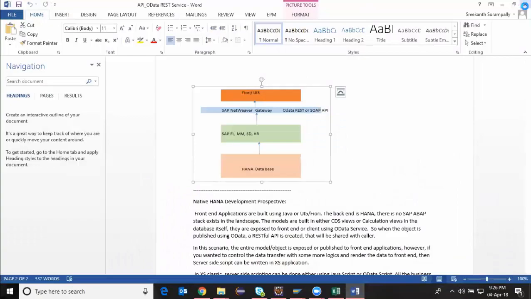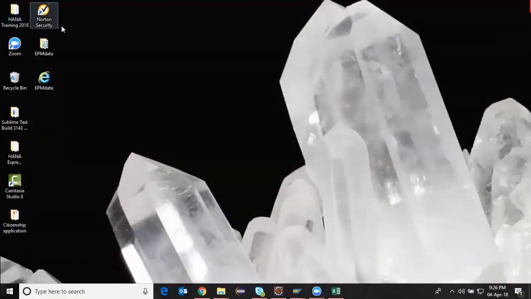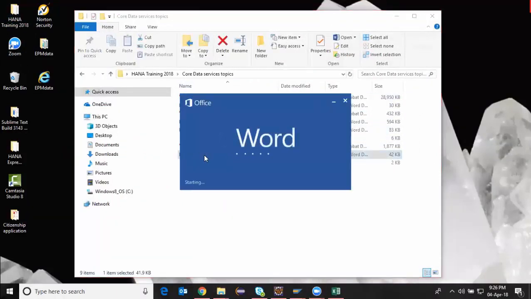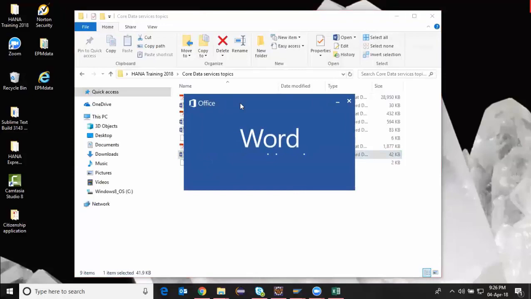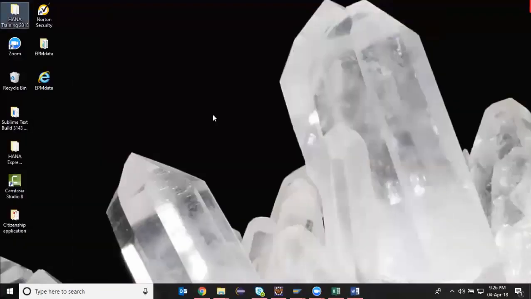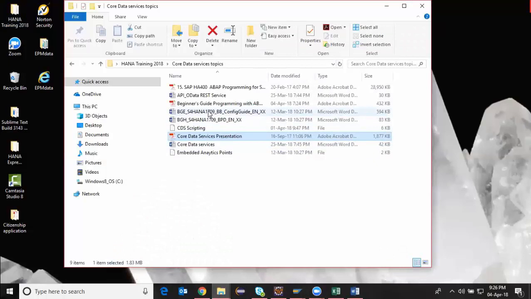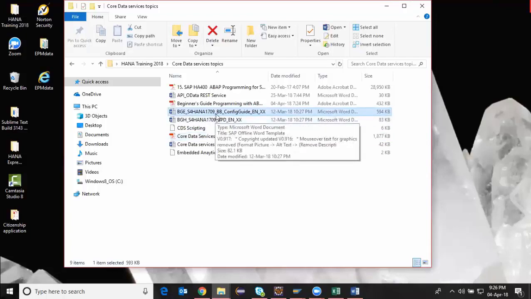This is about the APIs, and this is about the course topic, core data services. If you want technical details of S4 analytics, you may go through this document, but I'm not going into this. I mean installation. These are the configuration guides, S4 HANA 17.0, very useful, but it is these two documents.